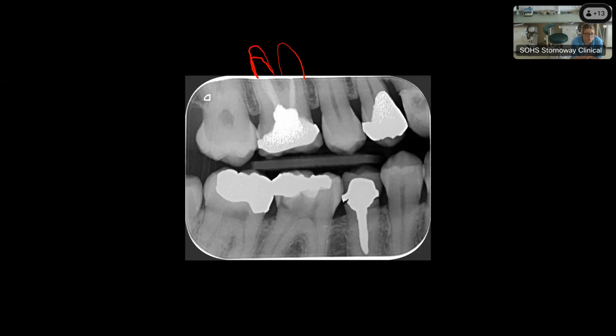Whether we use the BPE or the pocket chart to decide which radiographs we take depends on which guidance you're looking at, because do we do it based on BPEs of 3s and 4s, or do we do it based on pocketing depths of 4 millimetres or 6 millimetres?